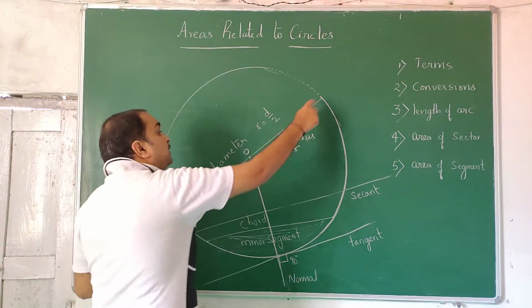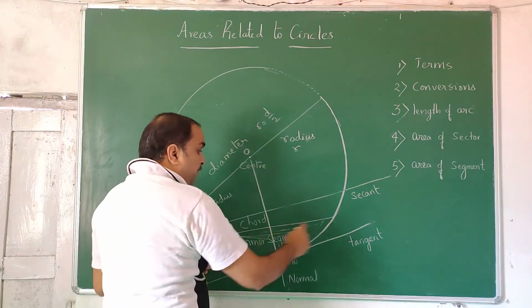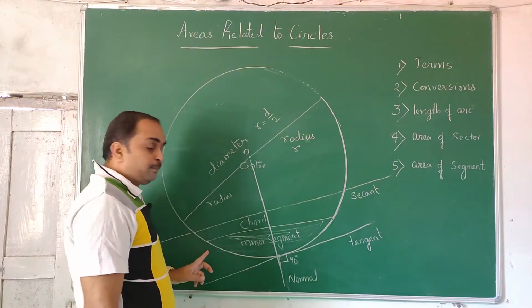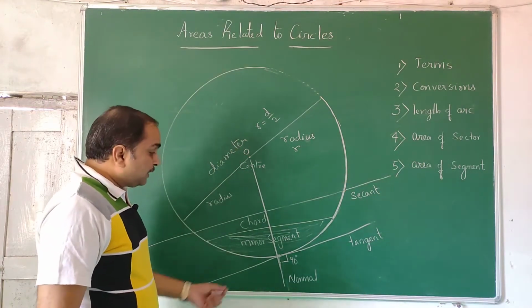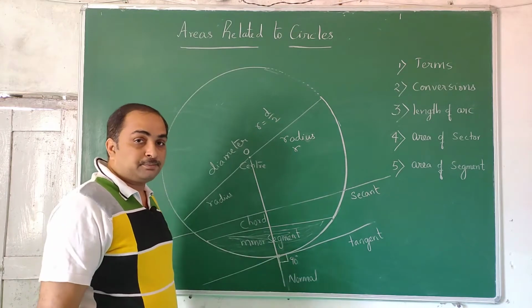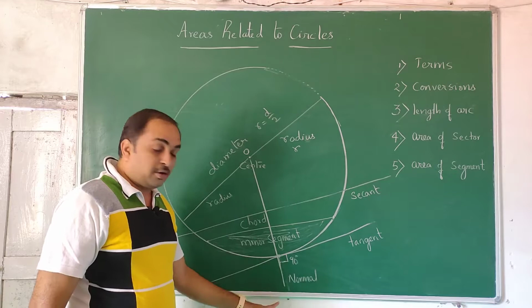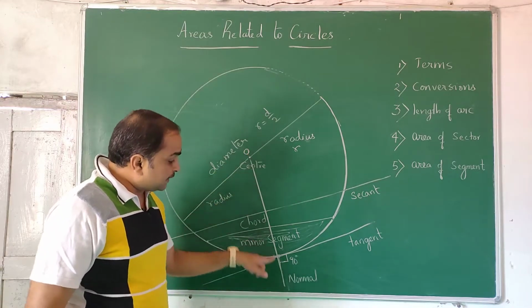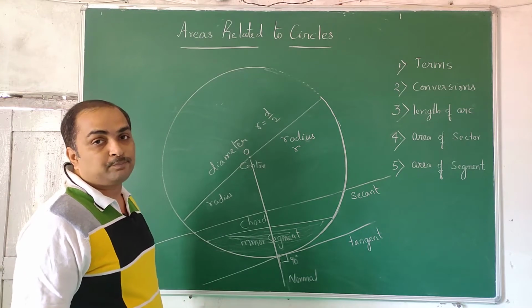Diameter touches 2 points of circle and passes through center. Chord touches 2 points of a circle but doesn't pass through center. Extended chord is called secant. The line which is touching only one point of circle is called tangent. And line perpendicular to the tangent is called normal. Normal can be taken as extended radius. That means radius and tangent are always perpendicular in a circle.